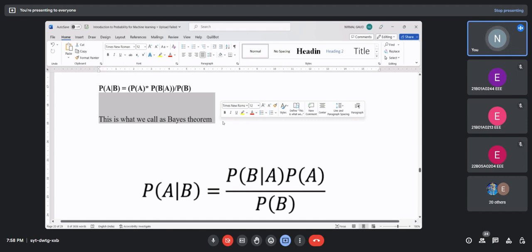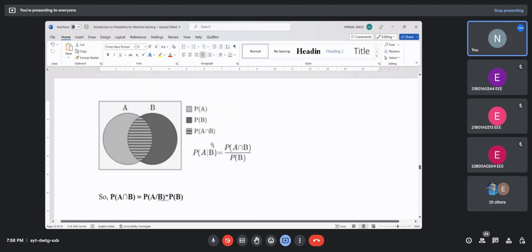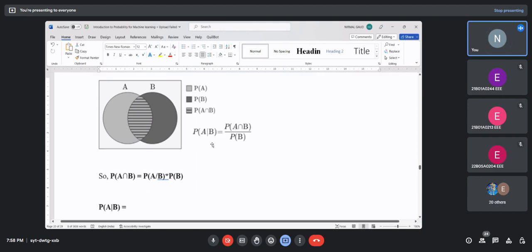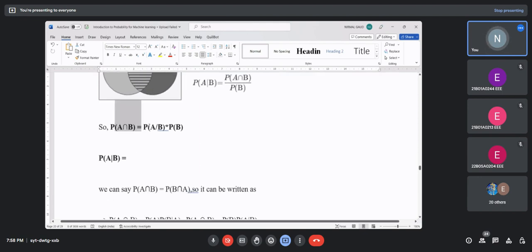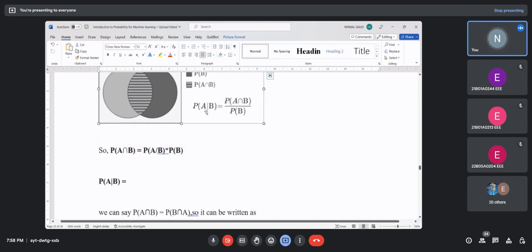Remember, Bayes theorem is based upon conditional probability. We are given two events, A and B. The conditional probability for them is P(A|B), given as P(A intersection B) upon P(B).